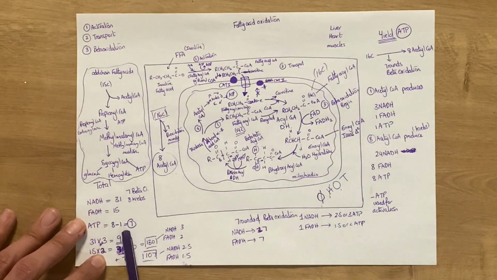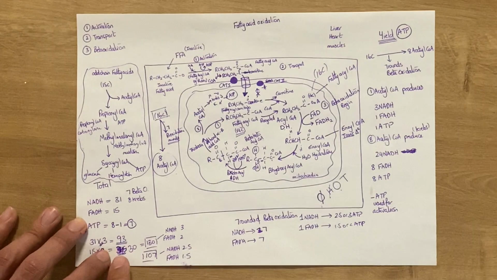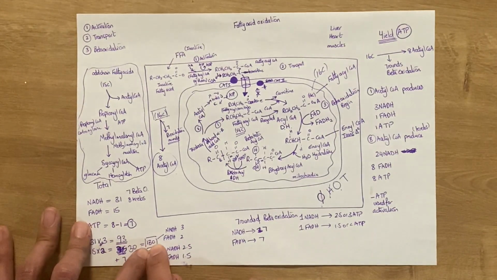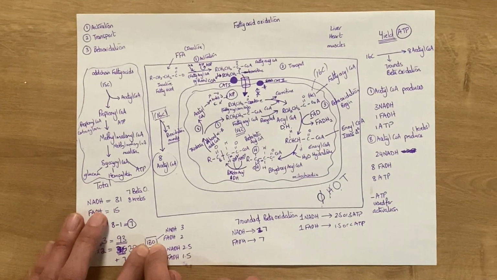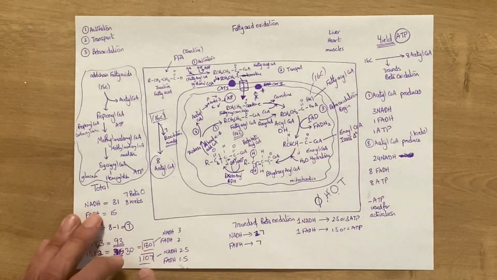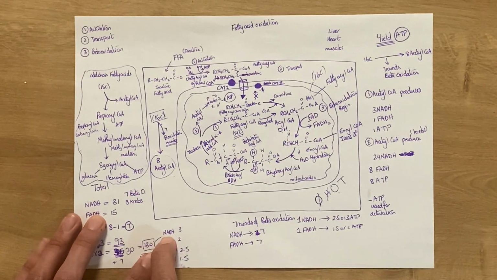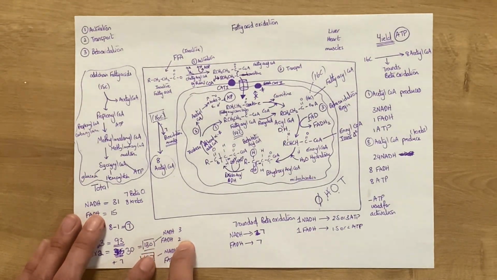These are the number of ATPs we get when we calculate using the values 3 and 2. So in total, we will get 130 ATPs generated from a 16 carbon fatty acid compound. Imagine. And that's just when you are saying NADHs give 3 and FADH2s give 2.